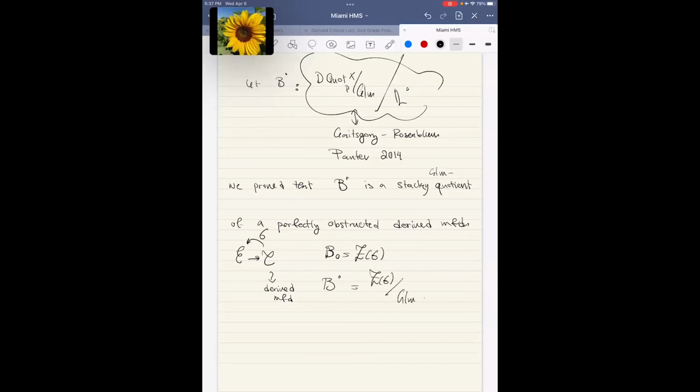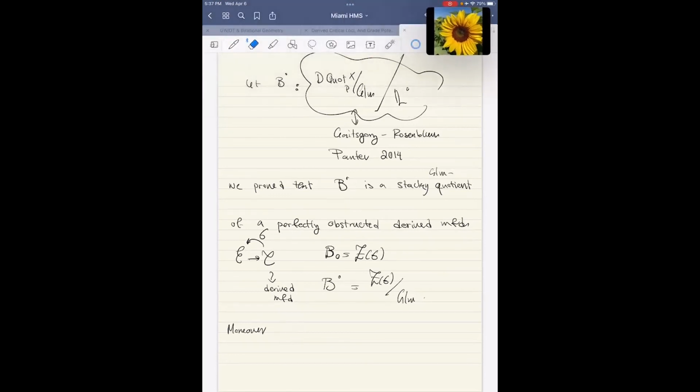Not only that, we also showed, moreover, actually, wait, this implies that DG Quot of X, P mod GL_M is itself the derived critical locus of another section, let's call it tau, of the sheaf dual to this perfectly obstructed bundle.